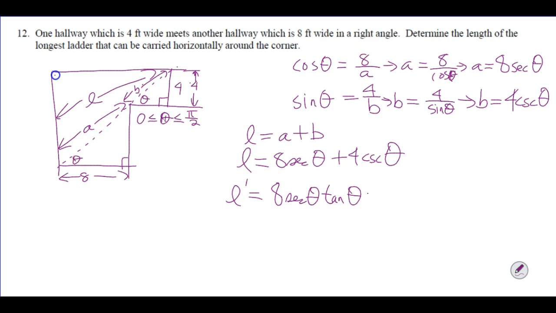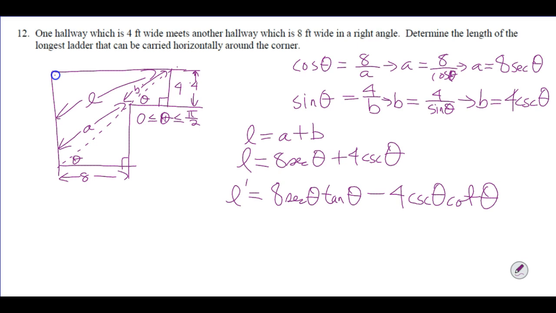So this will be minus 4 cosecant theta cotangent theta. At which point we say, I am not doing the second derivative because it's products. It's not worth doing the second derivative. Better to just come up with an answer and then plug it in and find out that we have the longest ladder. So we set L prime to 0.